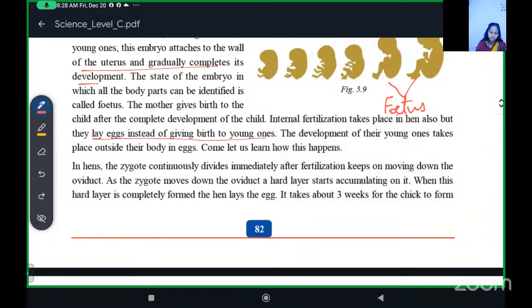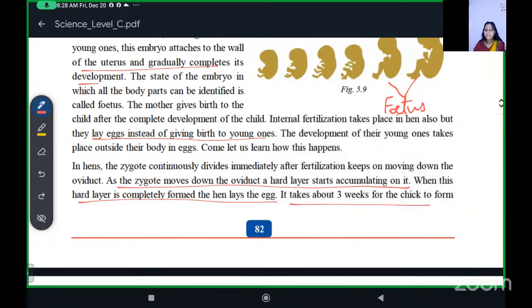As the zygote moves down the oviduct, a hard layer starts accumulating on it, that is the eggshell. When this hard outer layer is completely formed, then the hen lays the egg.